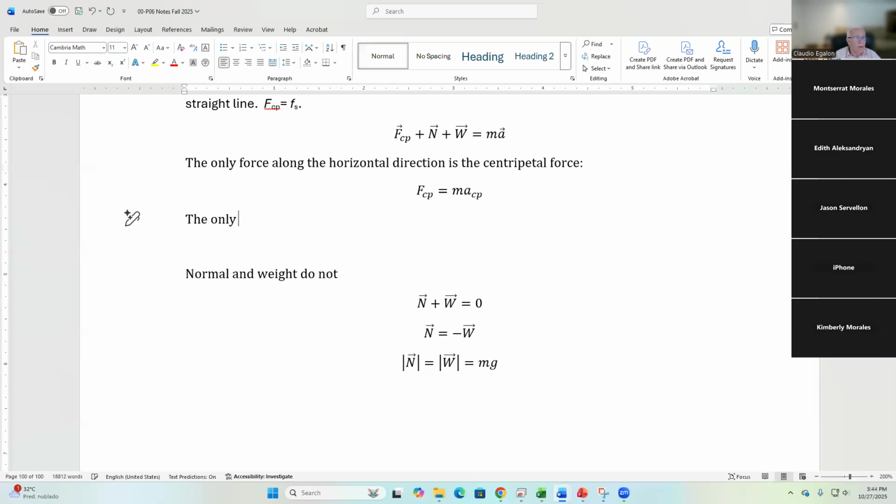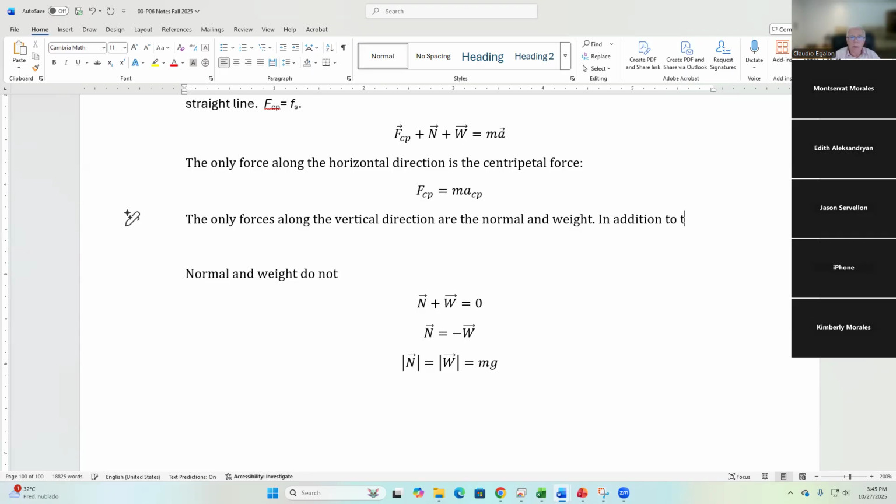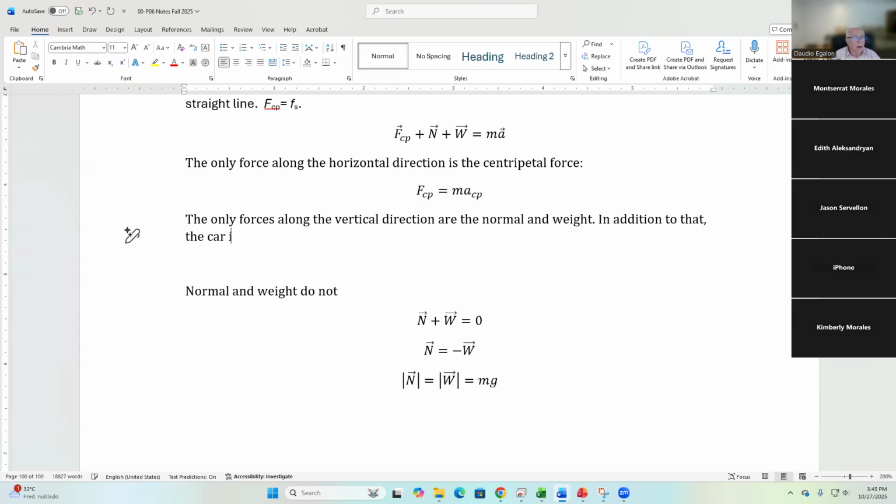The only forces along the vertical direction are the normal and weight. In addition to that, the car is not accelerated along this direction.